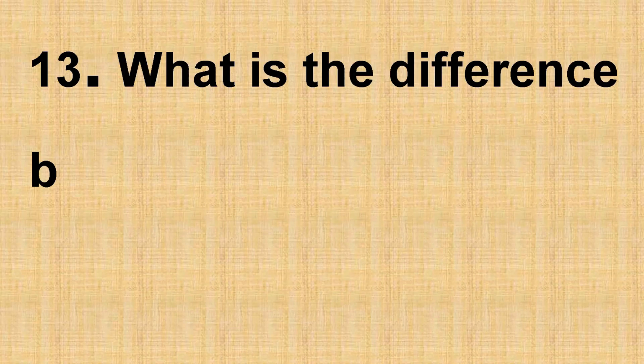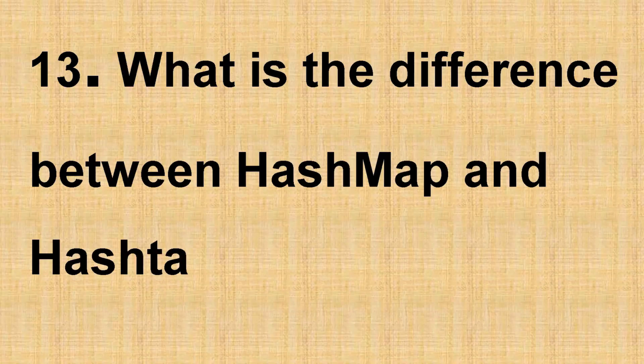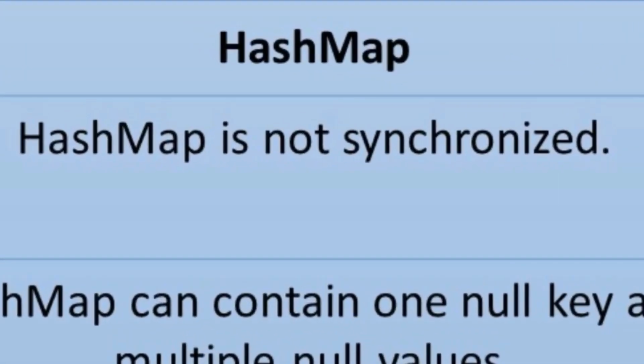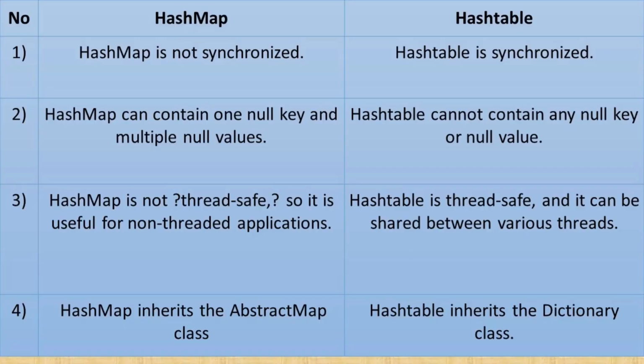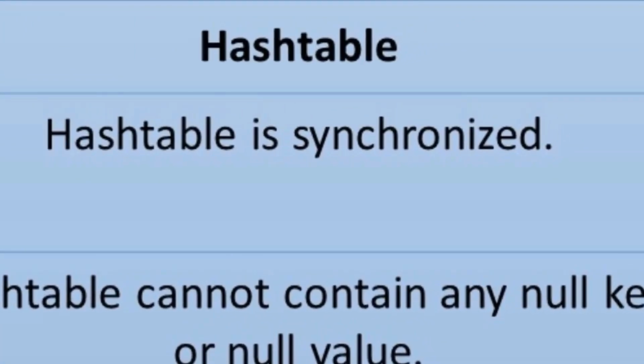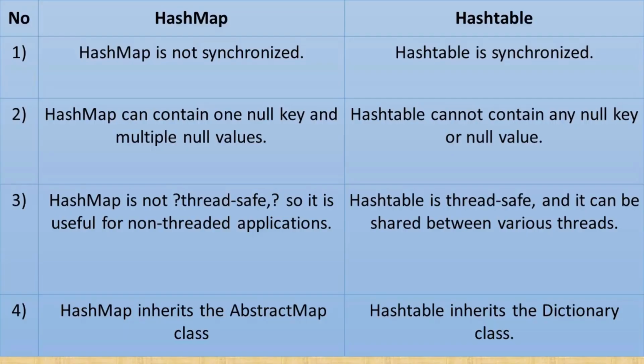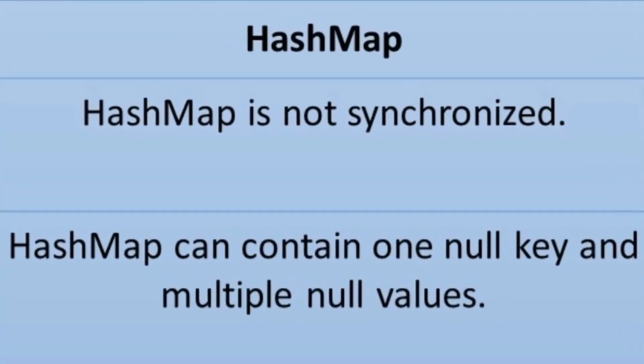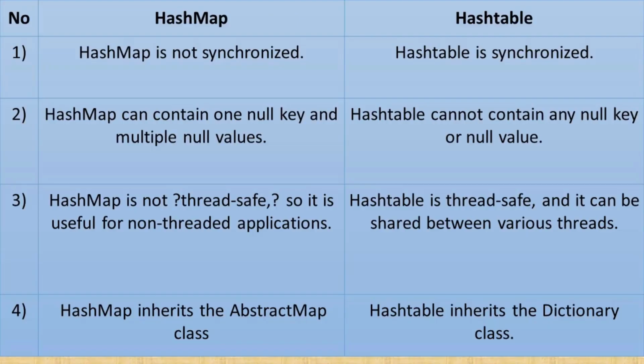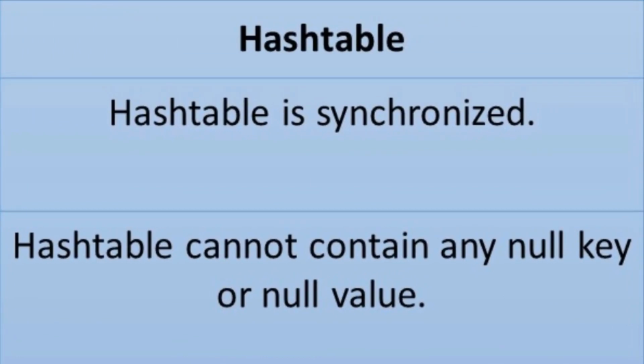What is the difference between hash map and hash table? Hash map: Hash map is not synchronized. Hash table: Hash table is synchronized. Hash map: Hash map can contain one null key and multiple null values. Hash table: Hash table cannot contain any null key or null value.